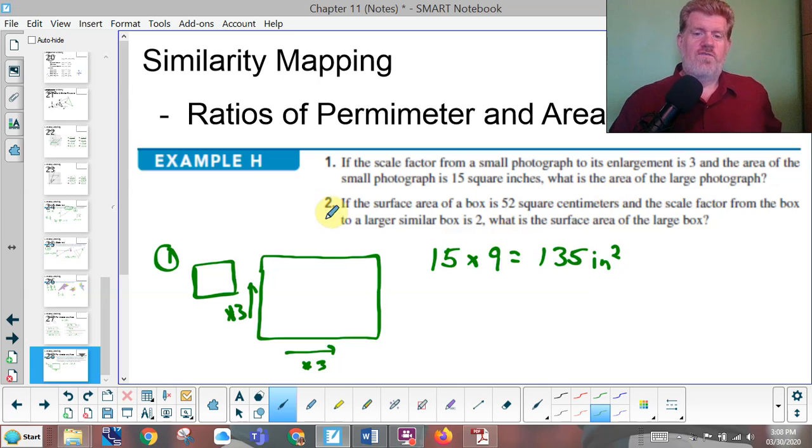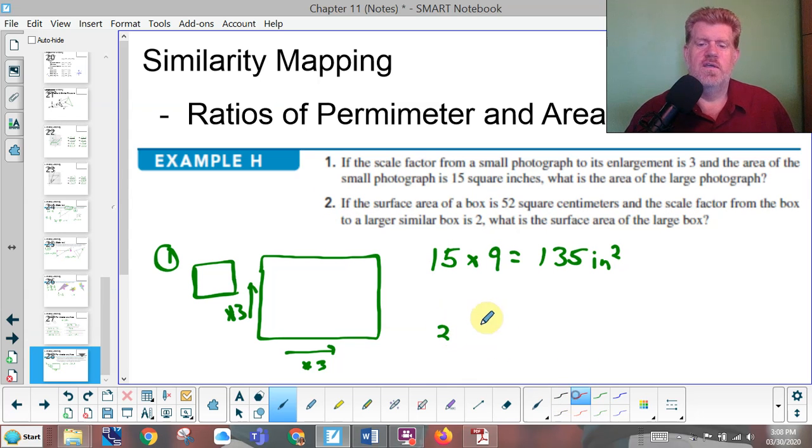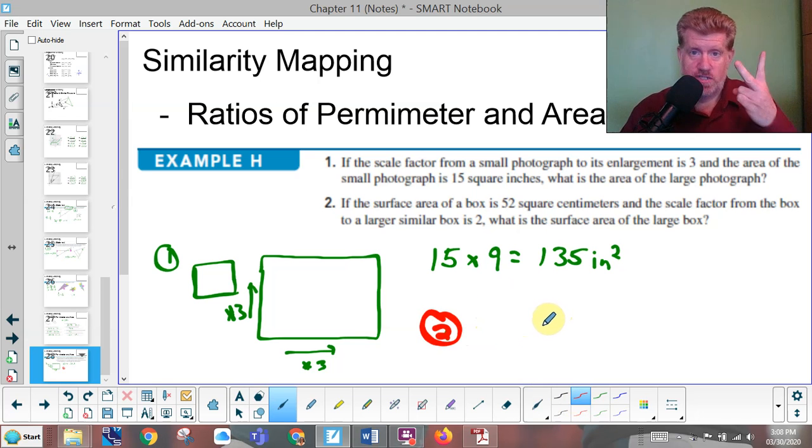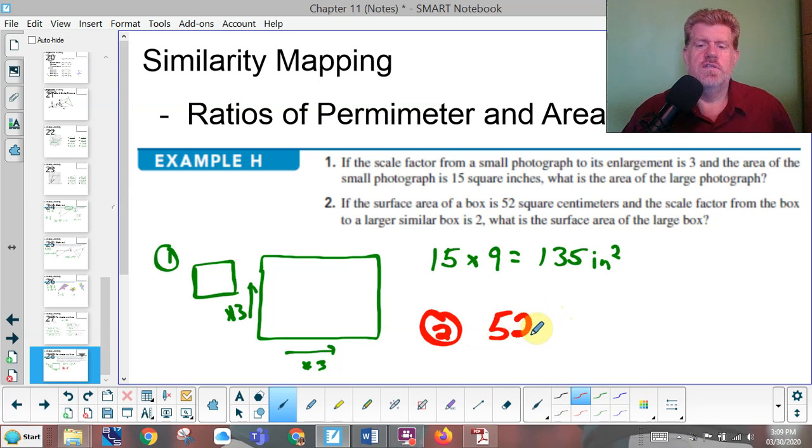Okay? For this one, if the surface area is 52 square centimeters and the scale factor from the box to a larger similar box is 2, what's the surface area of the large box? So again, we are taking the surface area, and it's just area, and area is 2 dimensions. Area is length, width, that's it, just 2 dimensions. So 52 is what the area was.